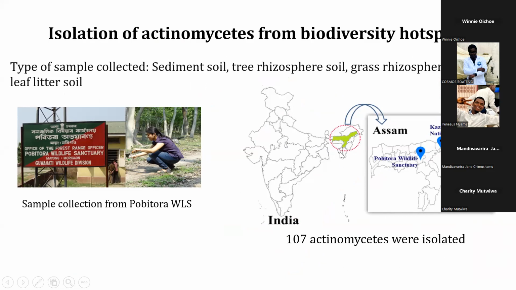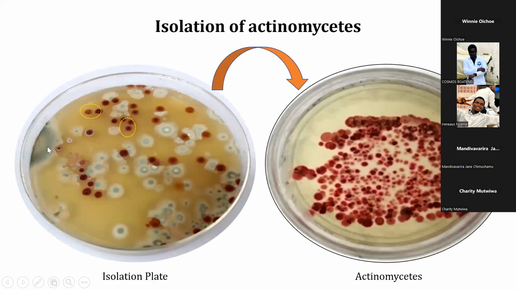Again, during my postdoc, I collected samples from forest ecosystems of different states of Northeast India. There I did endophytes at that time, and this is soil. There I have worked on around 200 actinomycetes. So during my research career, I have worked a lot on this bacteria.